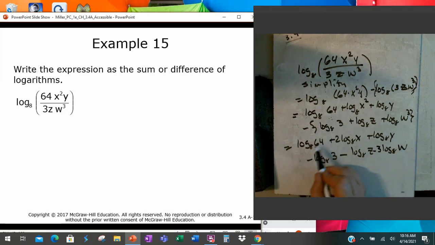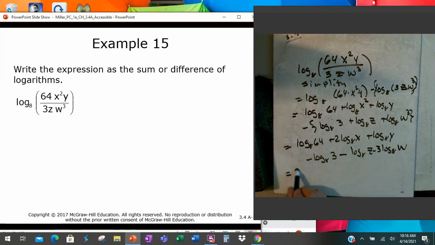And then if I can do any simplification here, 8 squared is 64, so this is really 2. 2 plus 2 log 8 of x plus log 8 of y minus log 8 of 3 minus log 8 of z minus 3 log 8 of w. I know that's unwieldy, but that's how we need to go through and break those things apart.